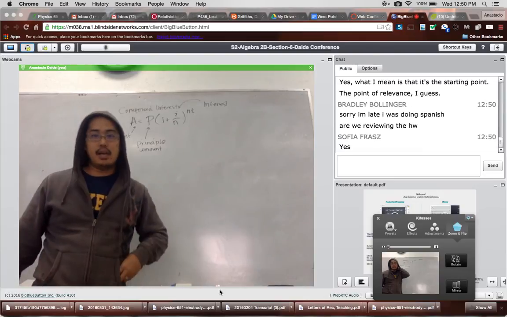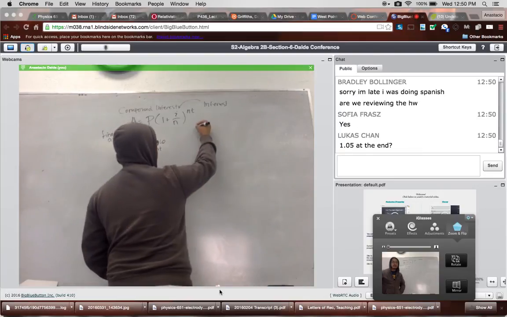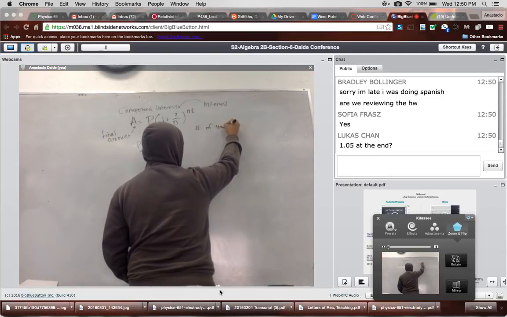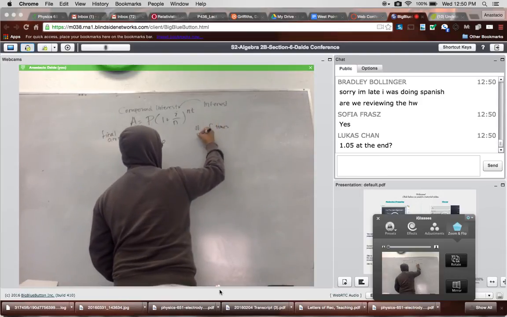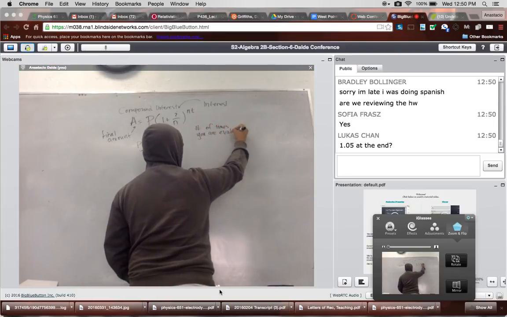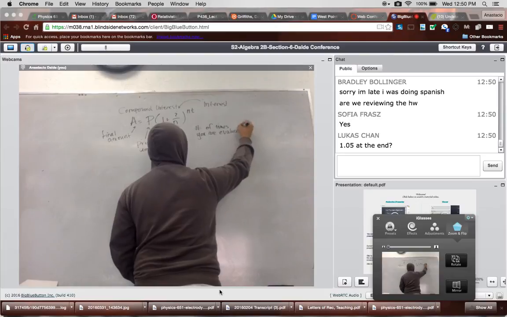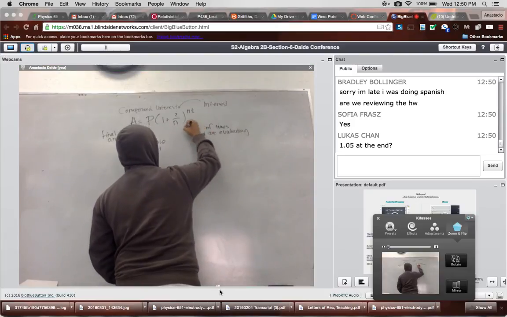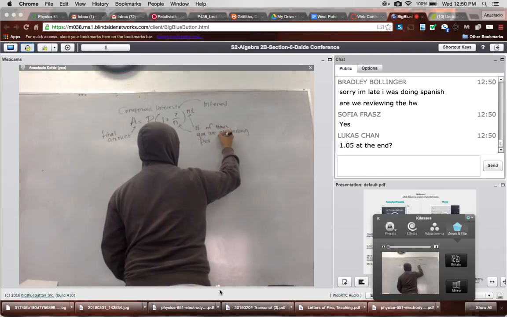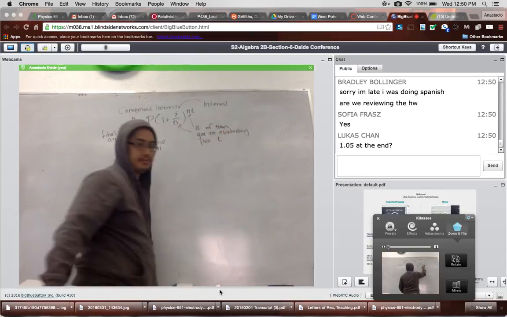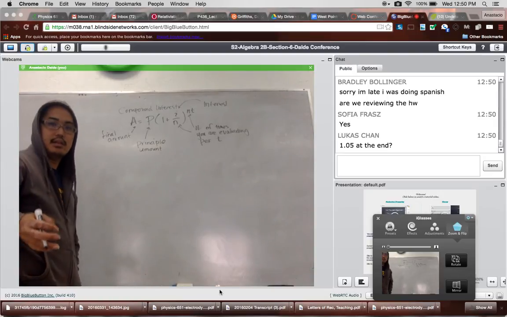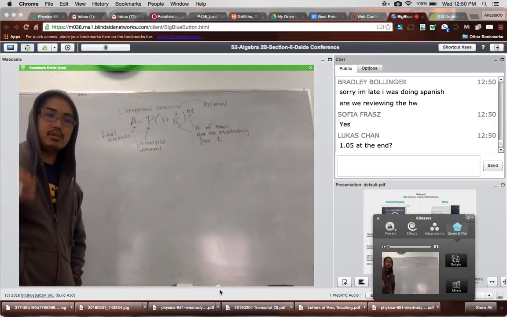All right. The N is the number of times you are evaluating per T. So this is the number of times that you are evaluating per time.